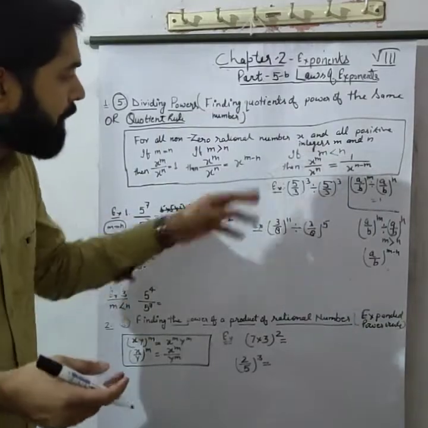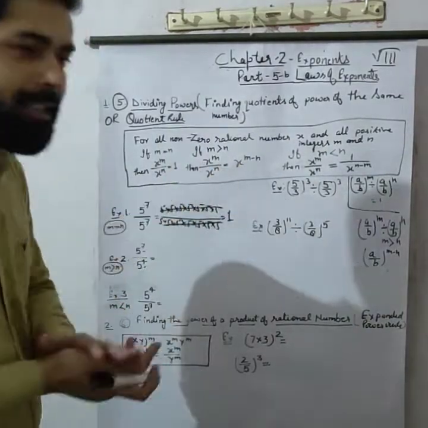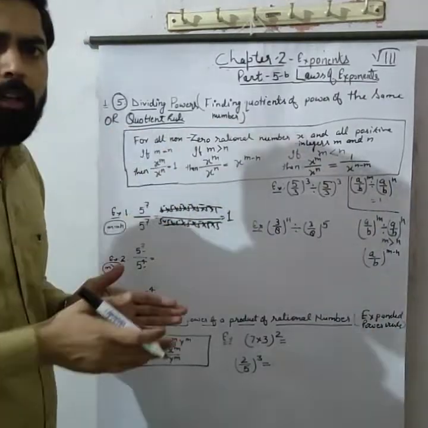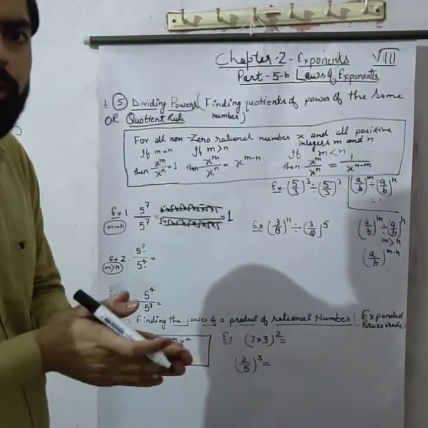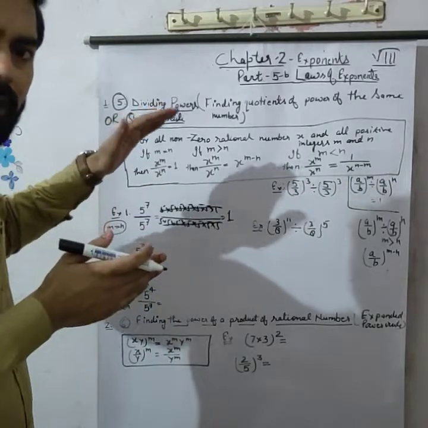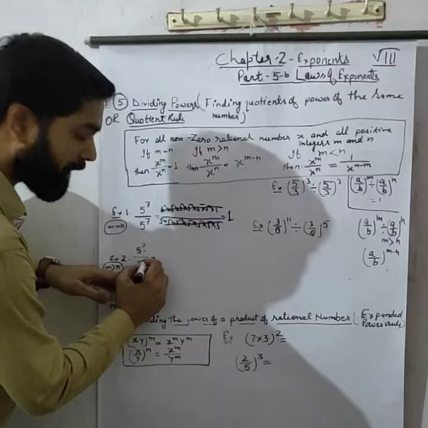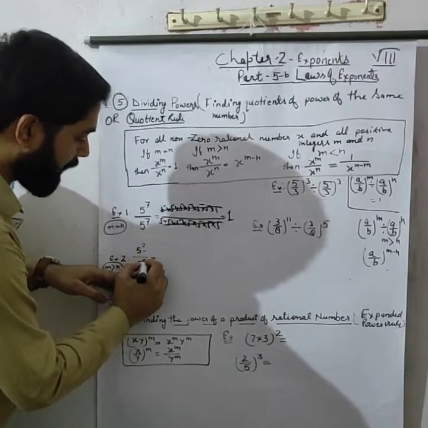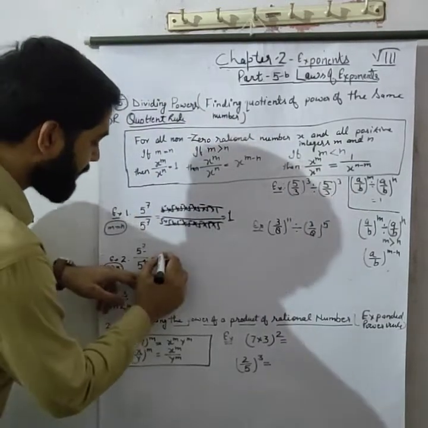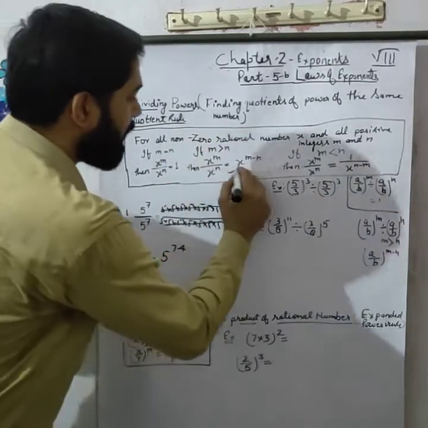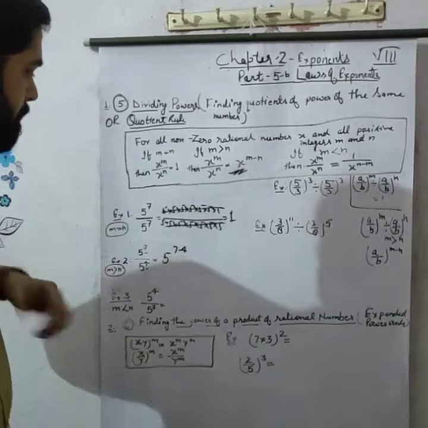So how can we solve? You can also solve by the expanded form, but we have a rule, so we solve according to the rule. 5 raised to the power 7 upon 5 raised to the power 4, so we write 5 raised to the power 7 minus 4 according to this condition.